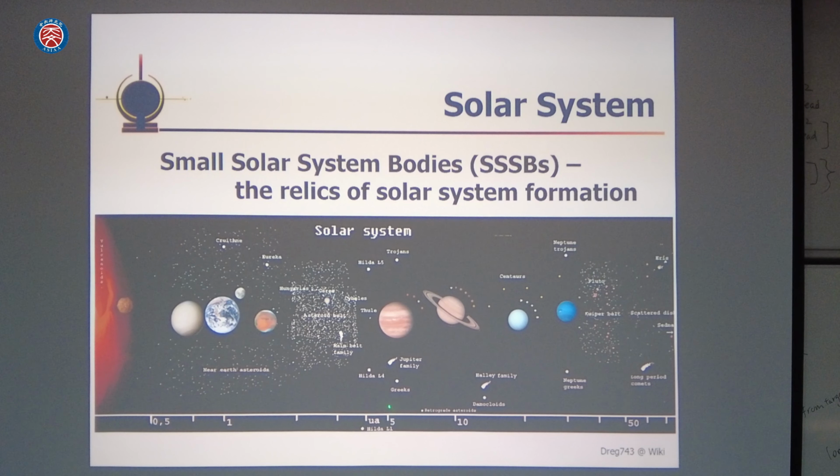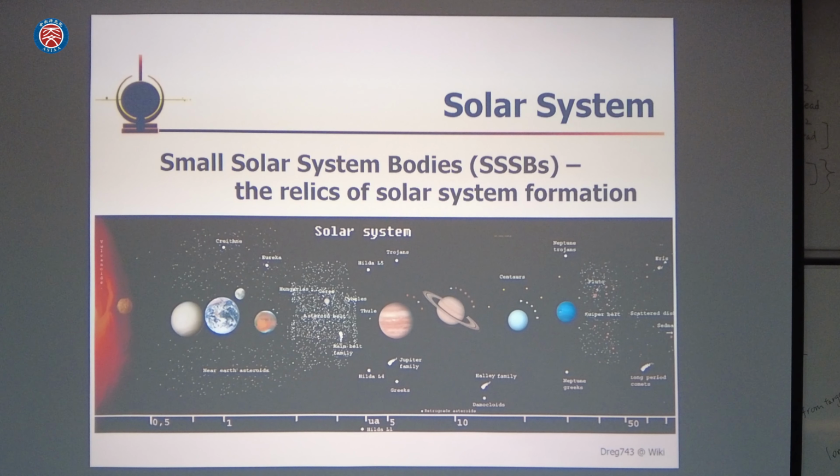Another big group is around Jupiter, which is co-orbiting with Jupiter. They share a similar orbit, but 60 degrees ahead and behind Jupiter.